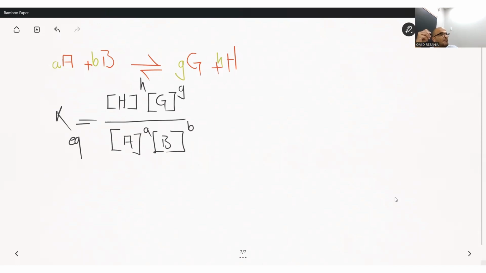That was what we talked about in chemistry 1 about the equilibrium constant. We also talked about the dependence of these on the temperature.